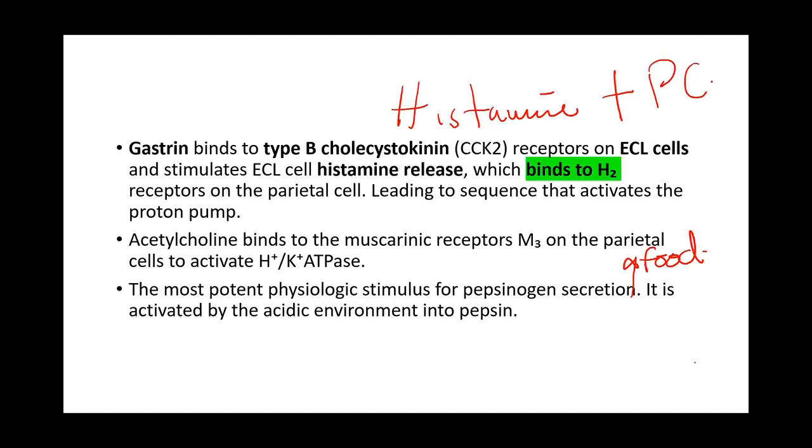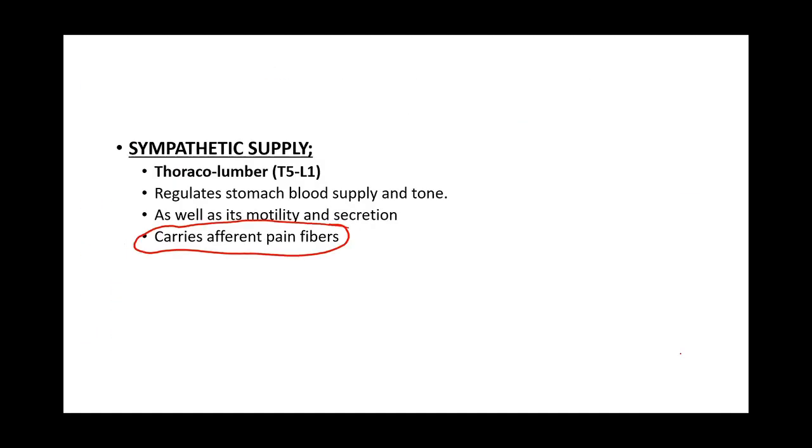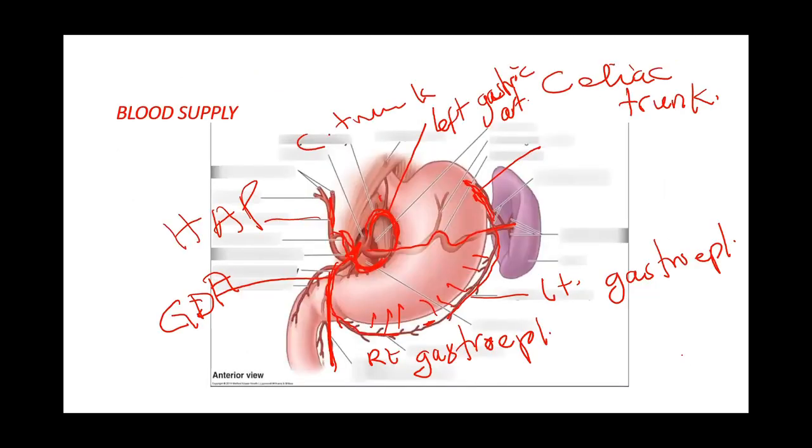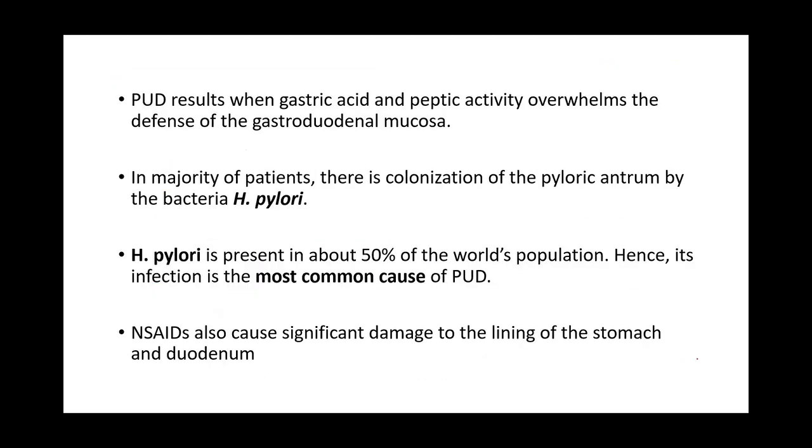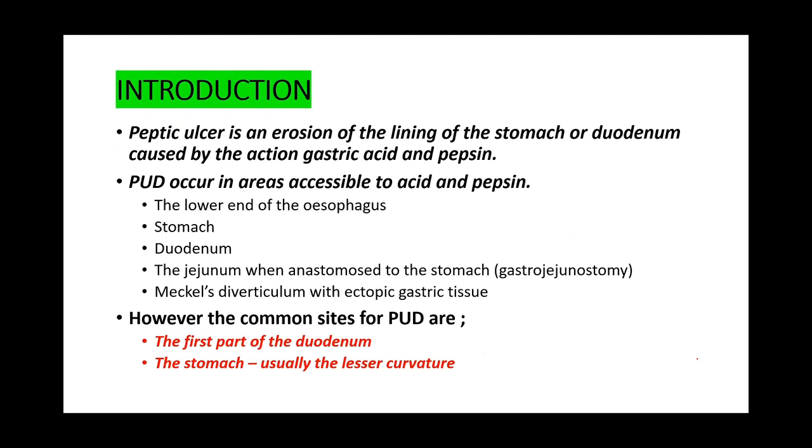So we have successfully discussed what peptic ulcer disease is. We also discussed the common sites it affects, the epidemiology of peptic ulcer disease, the anatomy, and the physiology.